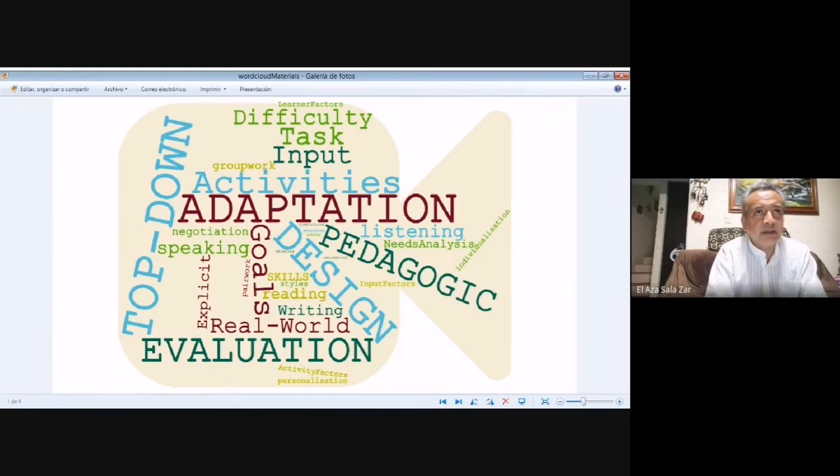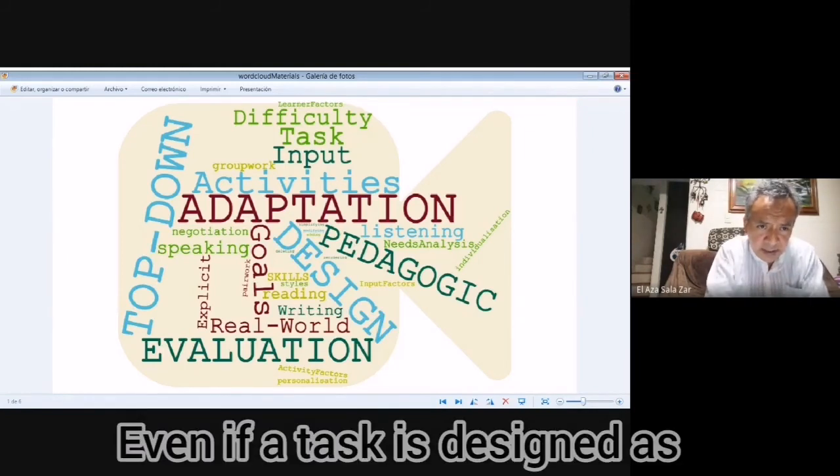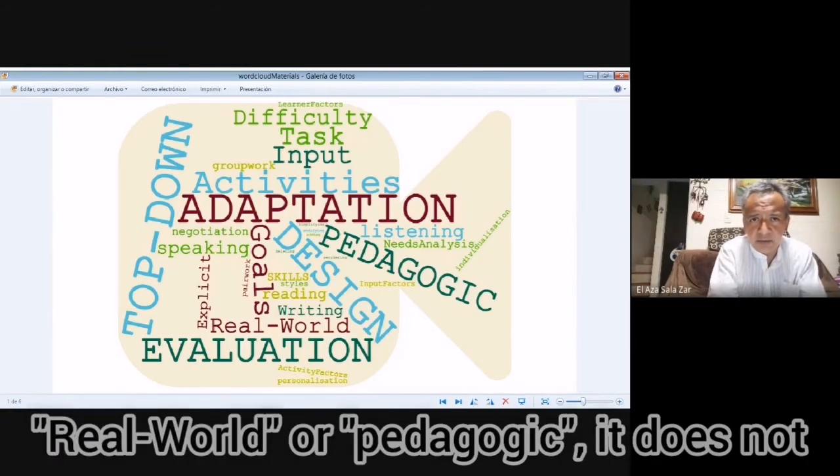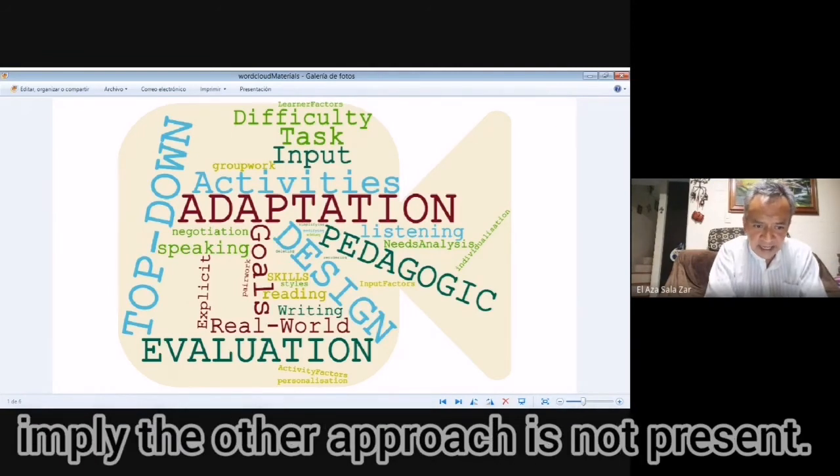We can use this information for them to understand the reading or the listening, for example. So when we are dealing with materials, it is maybe not crucial, but very important to consider this strategy, the top down. Okay, we have real world and pedagogic. There's a distinction between pedagogic and real world. The distinction can be applied to all components of a task, goal, input, and activities.